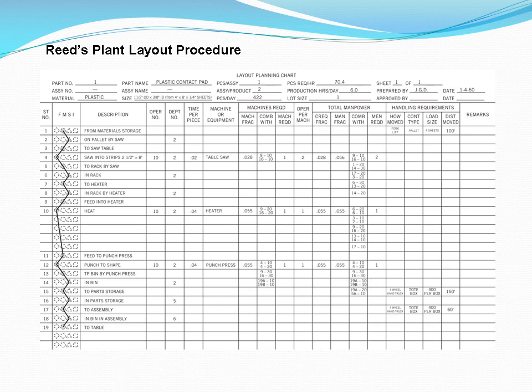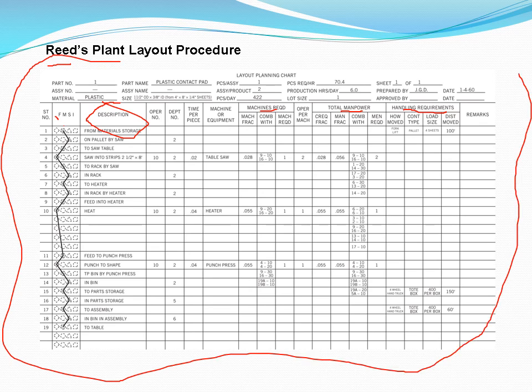This is the chart that was emphasized by Reed. You have the description, you have the interrelation of the activities, the machines, the manpower, and the handling requirements. So everything here is under a planning chart, no? Of Reed.